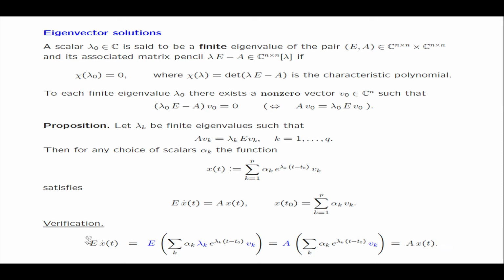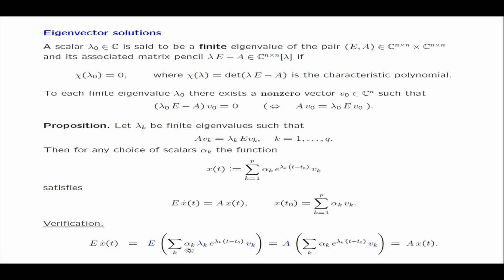Okay, and here's the proof, very short. So E x dot equals E times, now take the x here and differentiate that. You only have to differentiate the exponentials, and then the eigenvalues come in front as derivatives.